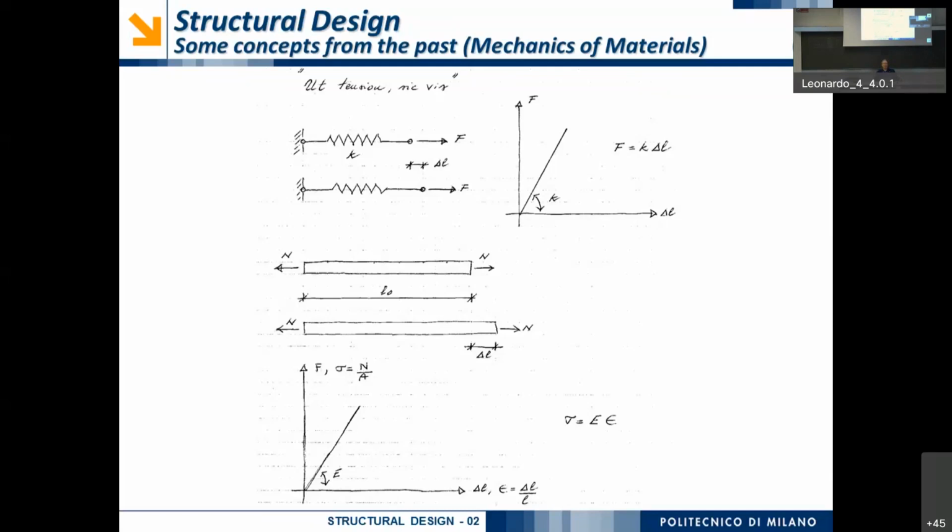Yes, but the opposite of rigid is not elastic, it's deformable. Okay? Elastic is a special kind of deformability. Okay?